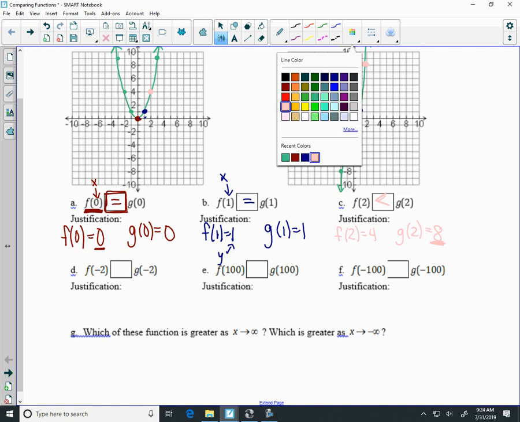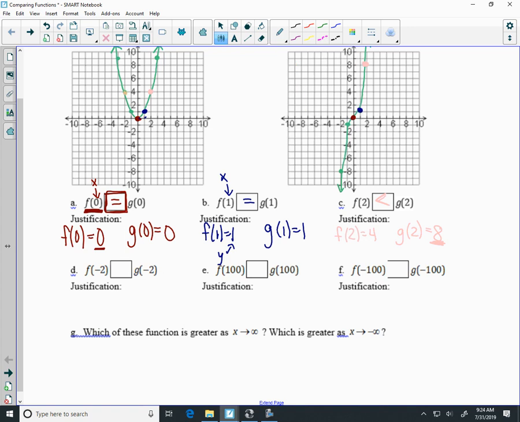All right, negative 2. F of negative 2 is 4. G of negative 2 is negative 8. So when we're in quadrant 2, f of x is bigger than g of x for all values.